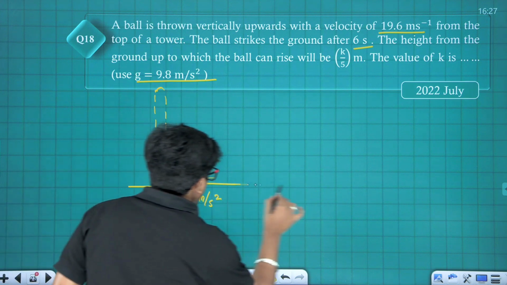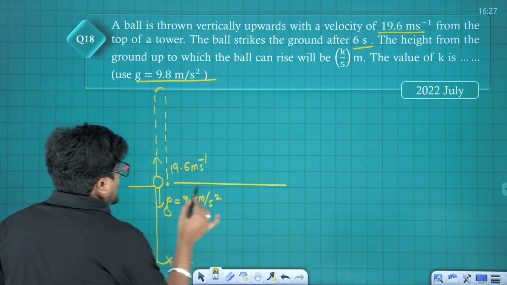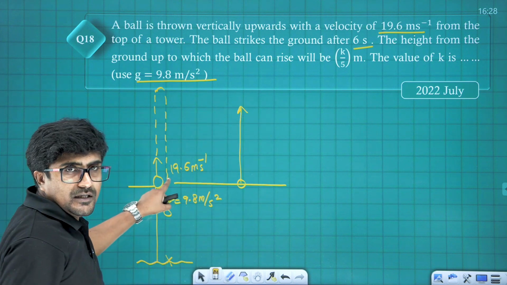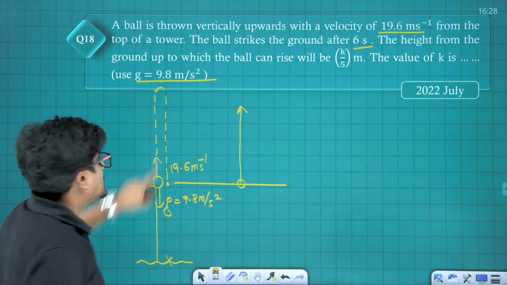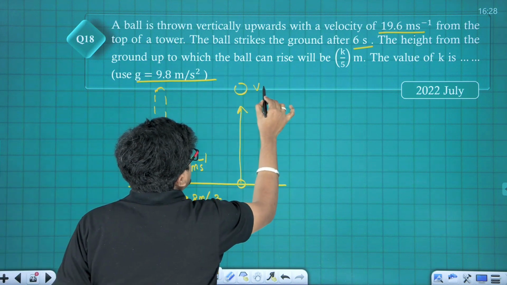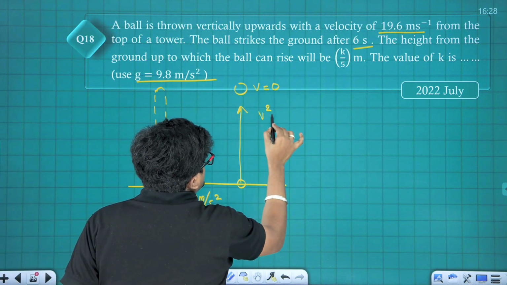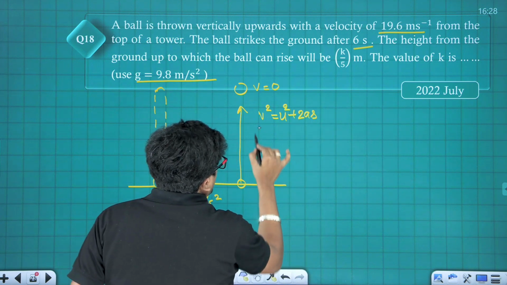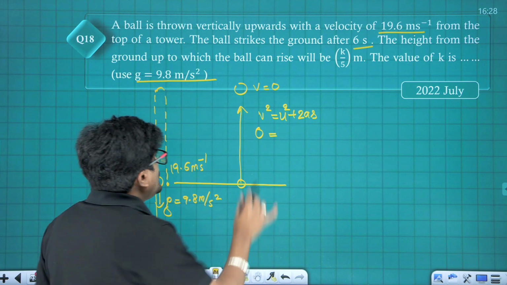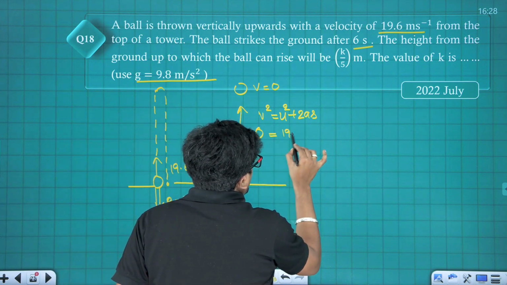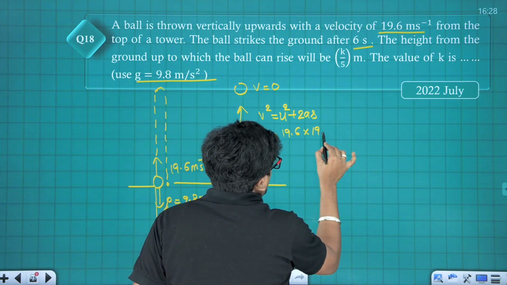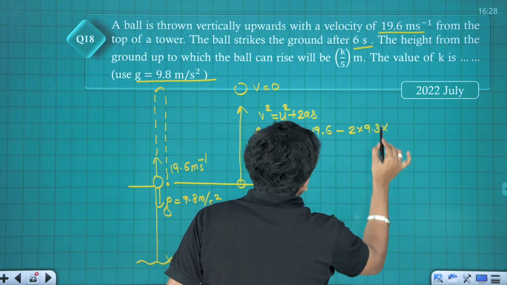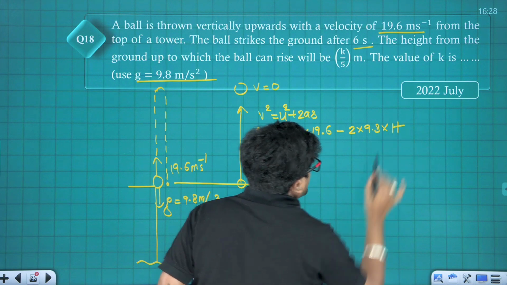Now let us consider the upward journey first. The speed is 19.6 here and it is moving in the upward direction, and at the topmost point the final speed is going to be 0. So I am going to use the equation v square equals u square plus 2 times a into s. Final speed is 0. U square means 19.6 into 19.6 minus 2 into 9.8 into s, or h, I can mark.